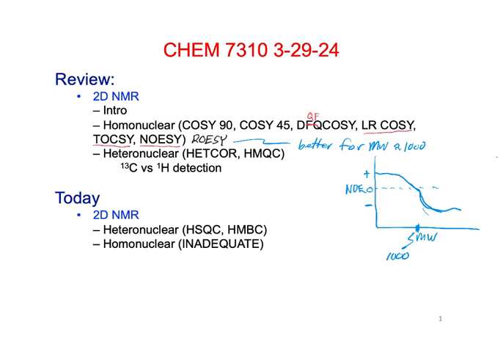Then we started in on the heteronuclear correlation experiments. We talked about the differences between C13 and proton detection, and we saw an example of a HETCOR, which is a C13 detected experiment, and HMQC, which is a proton detected experiment.